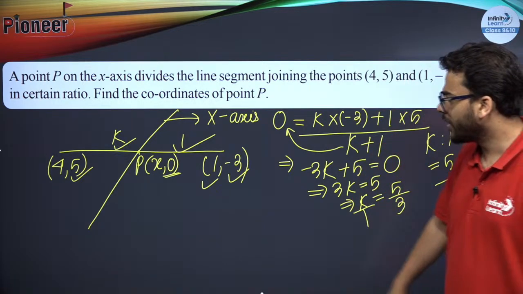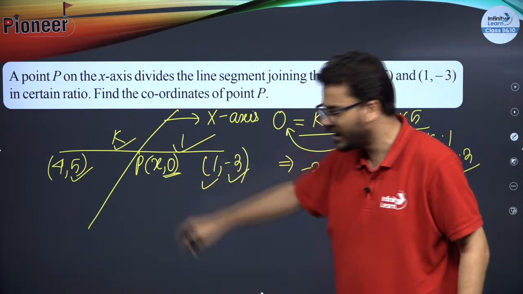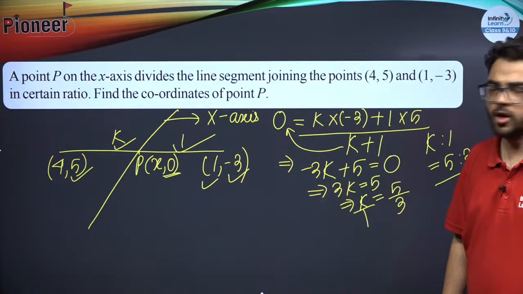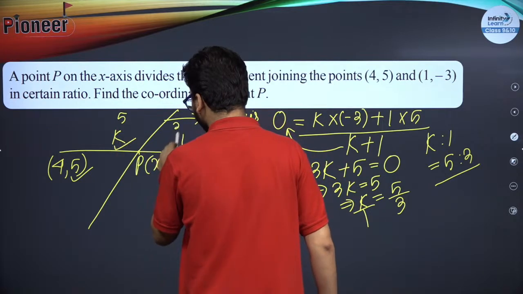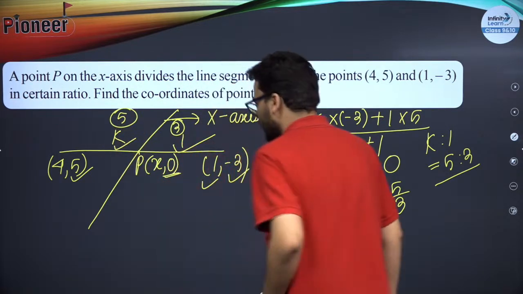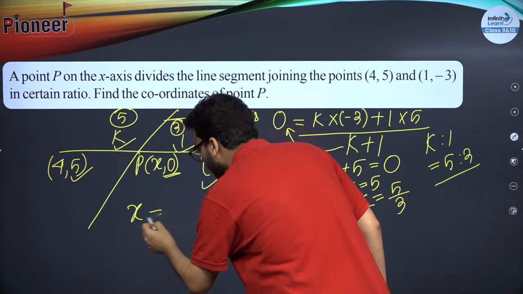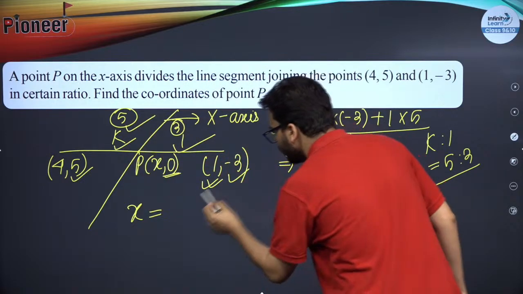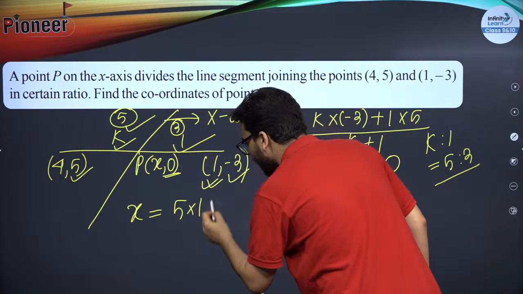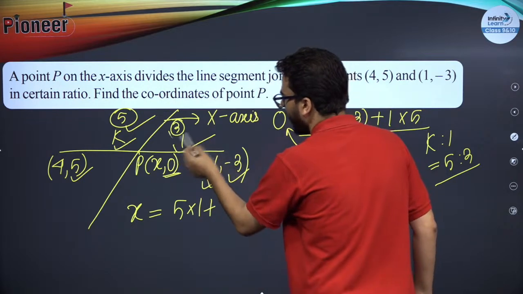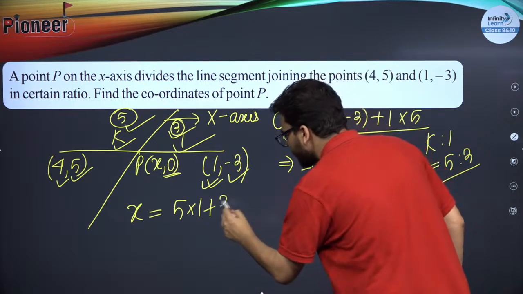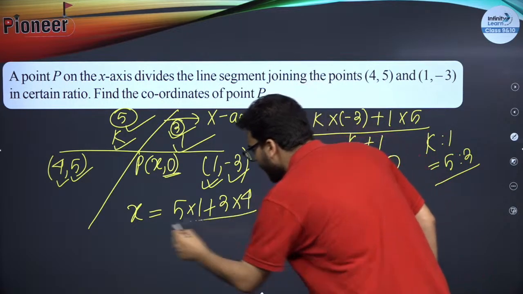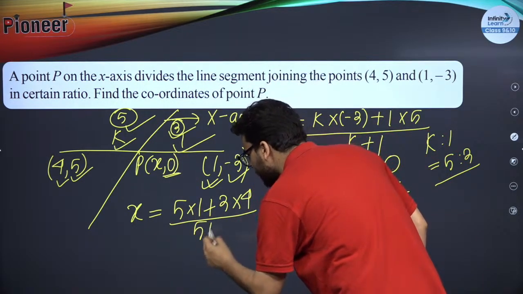So basically we already know the y coordinate. Can I find the x coordinate over here? So k is to 1, we have got to be equal to 5 is to 3 actually. You got it? So therefore x will be equal to what? It will be m x2, so that is 5 into 1 plus n x1, so that is 3 into 4 over here, divided by m plus n, so that is 5 plus 3 over here.